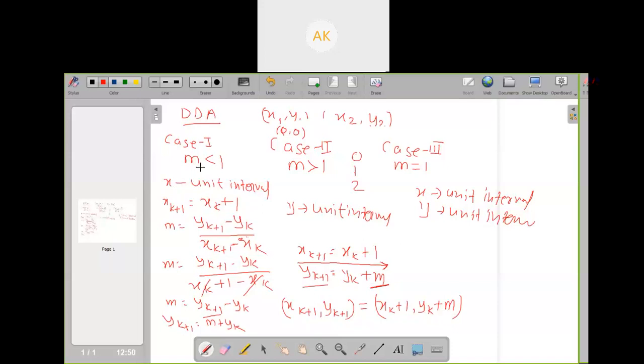The y moves by the deviation of the slope.